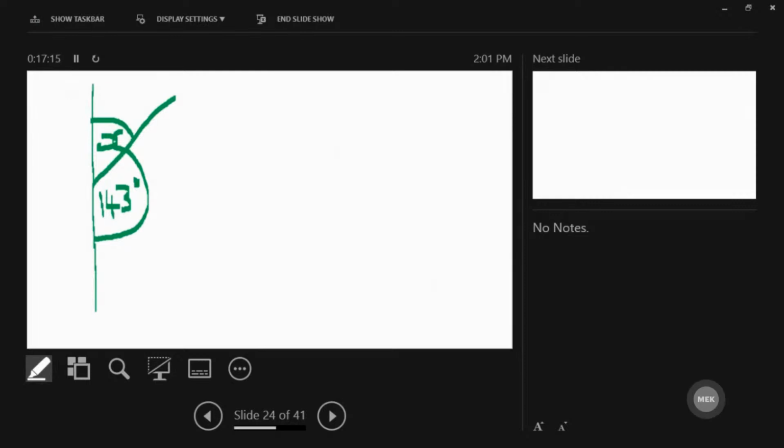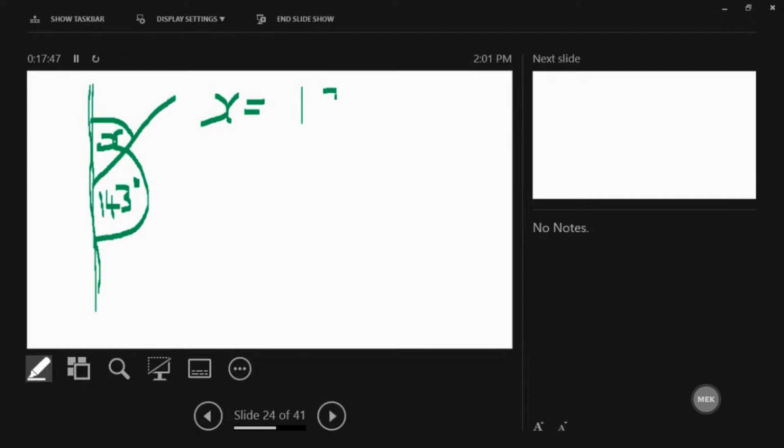All right, so Trevor is saying we are to take 143 from 180. So remember now, this is the straight line. Angles on a straight line add up to 180 degrees. So if we know this one, we can take it from 180 and we find the x. So Trevor is right, and he's saying that would give 37 degrees.